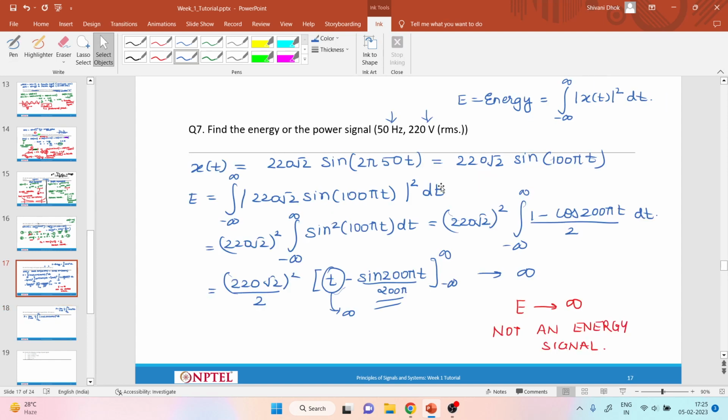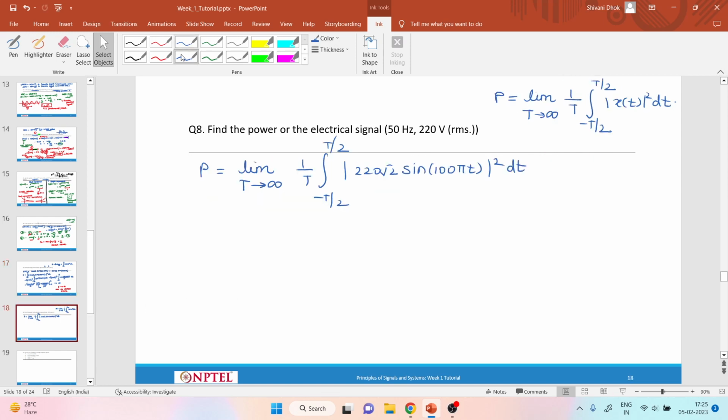Now we have solved this integral till this part. Till this part we are going to get the same thing, but only the limits will be changing. So I'm not solving this integral again. So what we will be getting is limit t tending to infinity 1 by t.